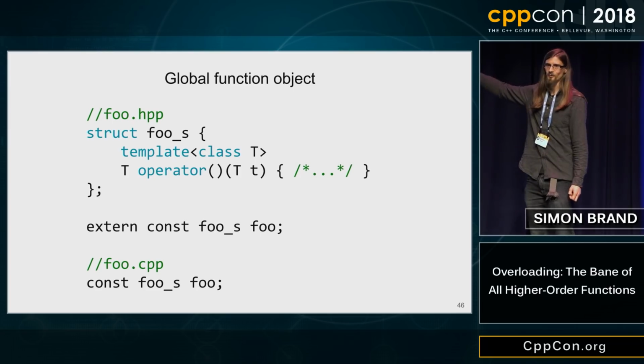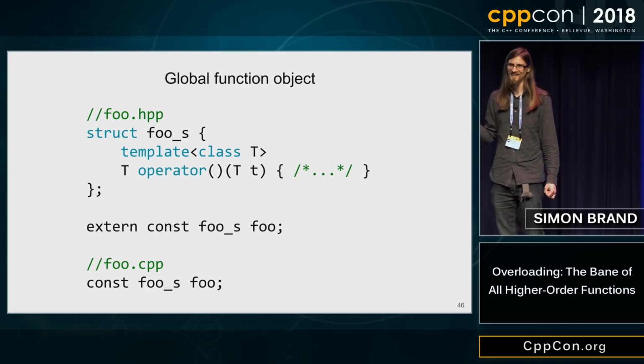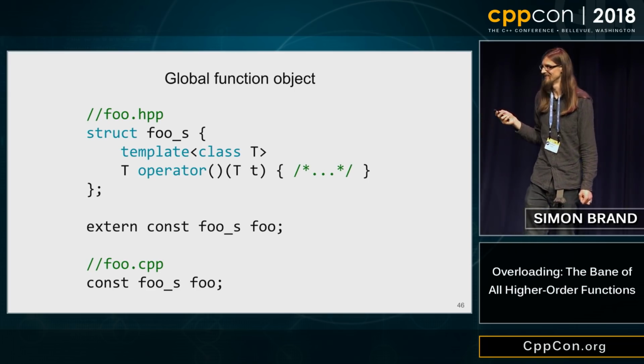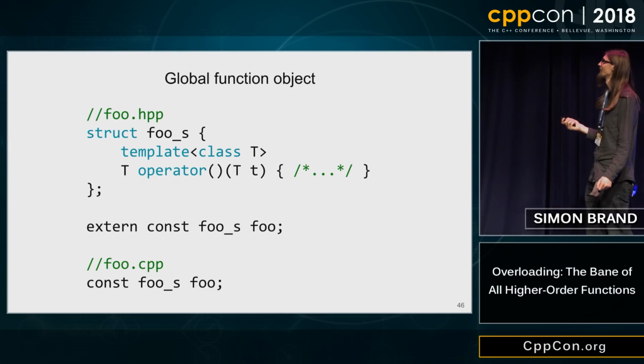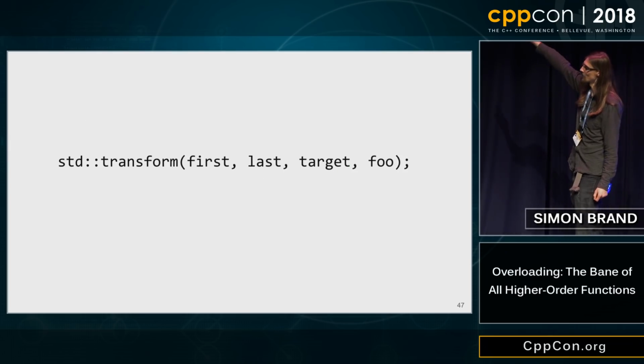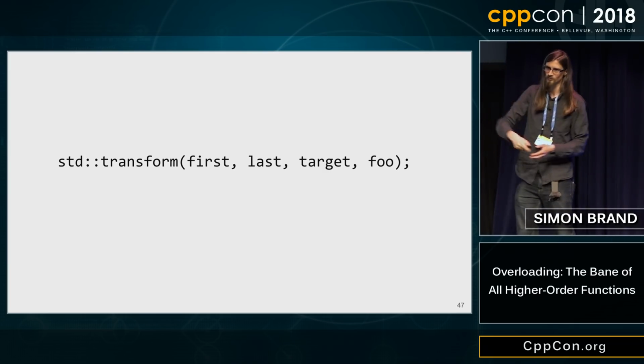No one really wants to write this for every single function, unless you're Eric Niebler. Probably doesn't want to do it either, but so this is not great, but it's a possibility because now we don't need to construct it. We already have one. We can just pass foo, and it works okay.